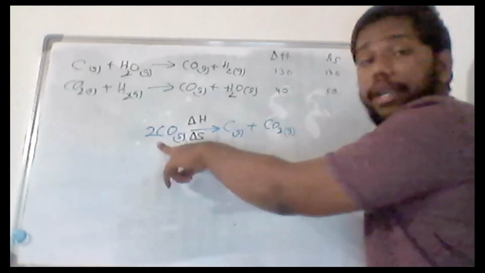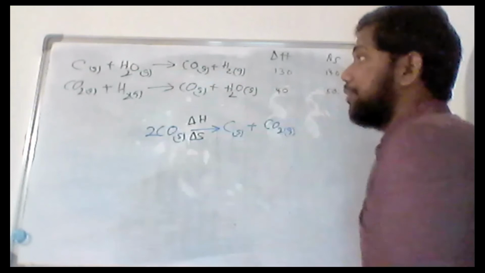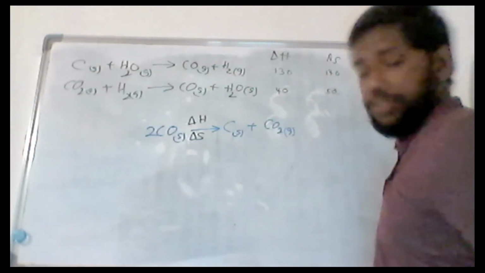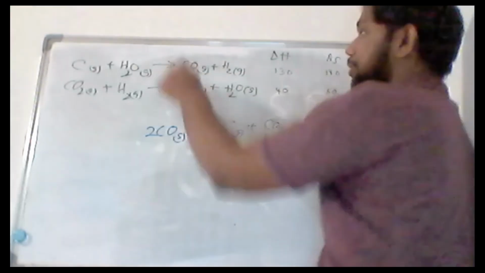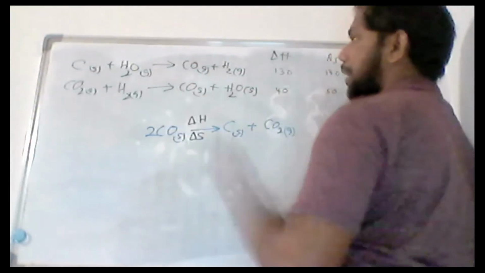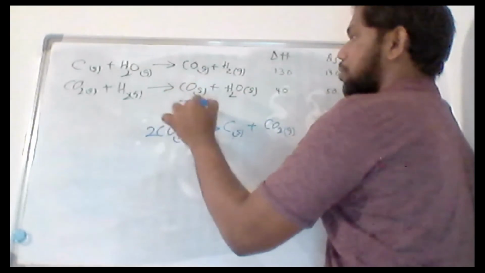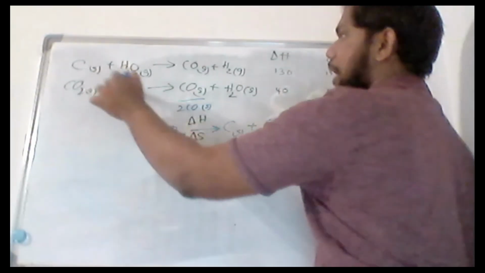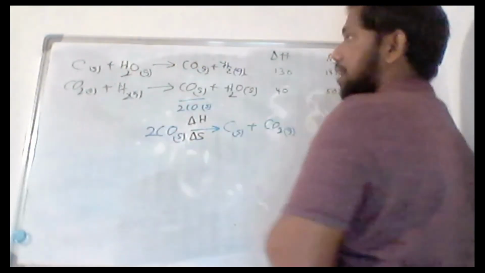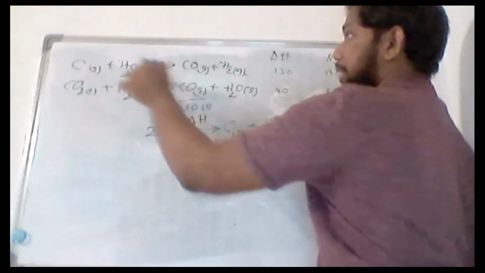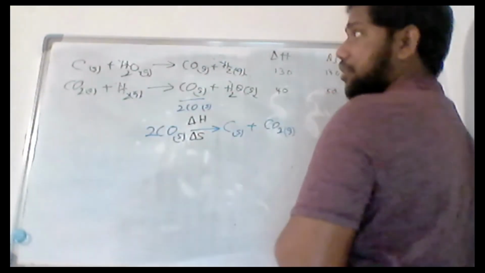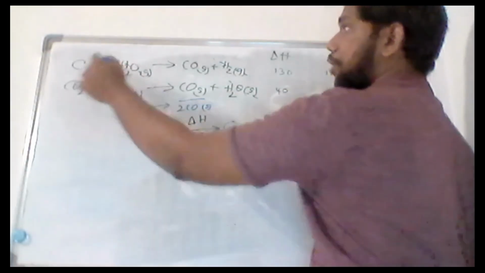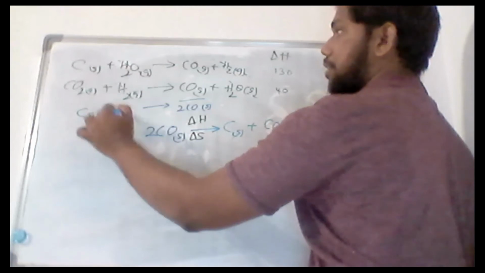And if I want to end up getting 2CO, I need to add these two reactions together. So if I add these two reactions, I am going to end up with 2CO on one side, and this hydrogen and this hydrogen are going to cancel out, and this water is going to cancel out. So I am going to remain with carbon solid and CO2 gas.